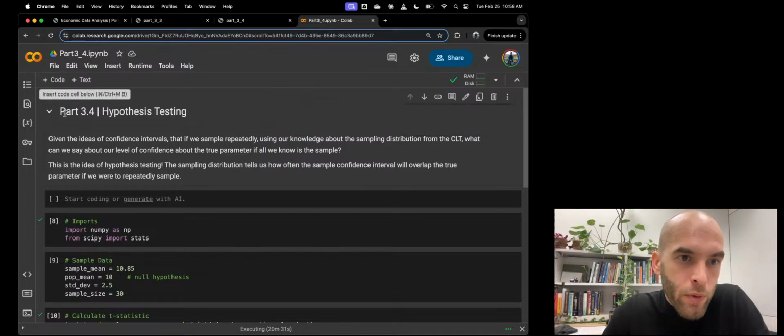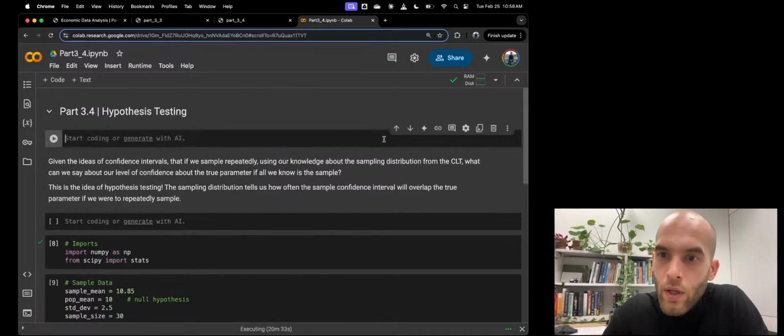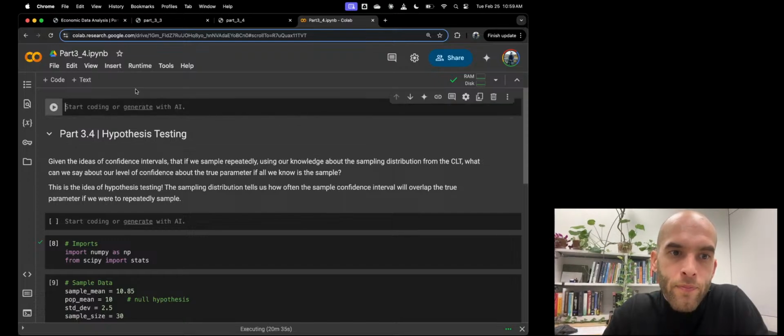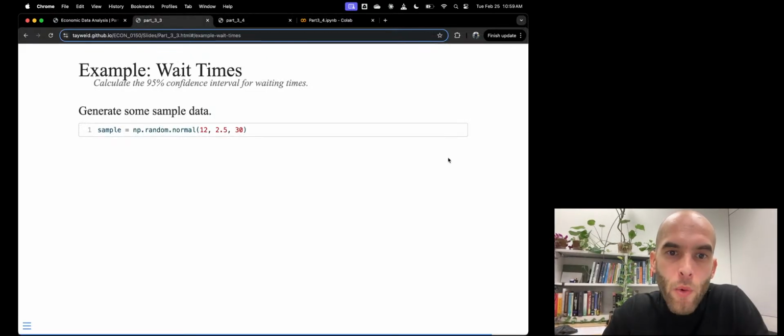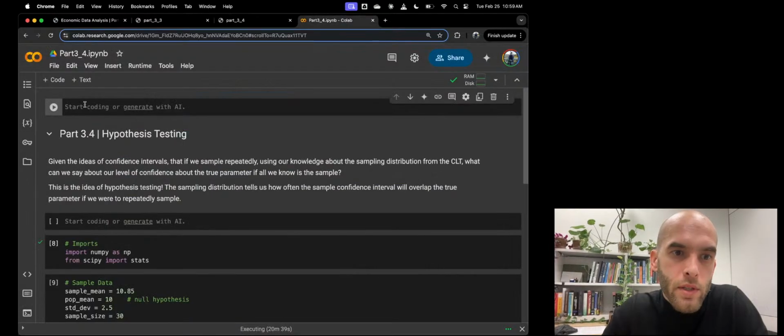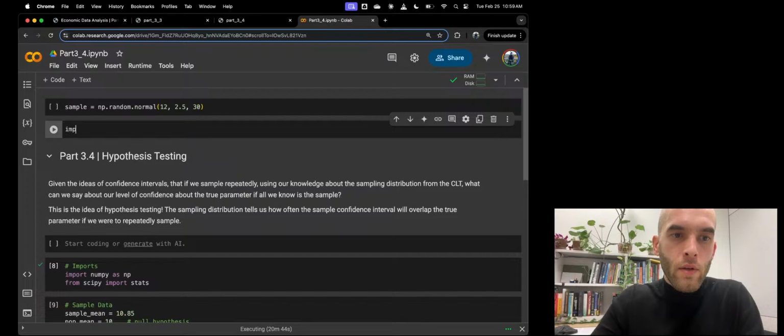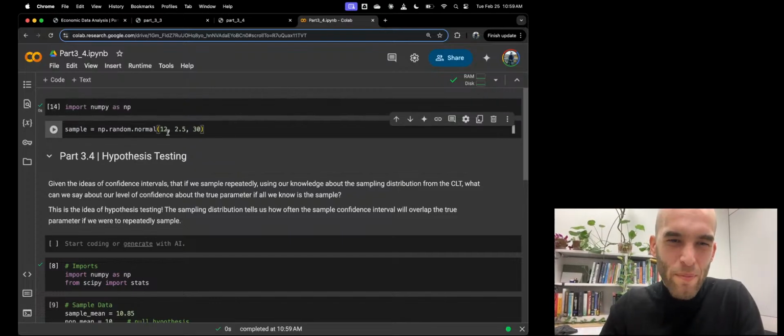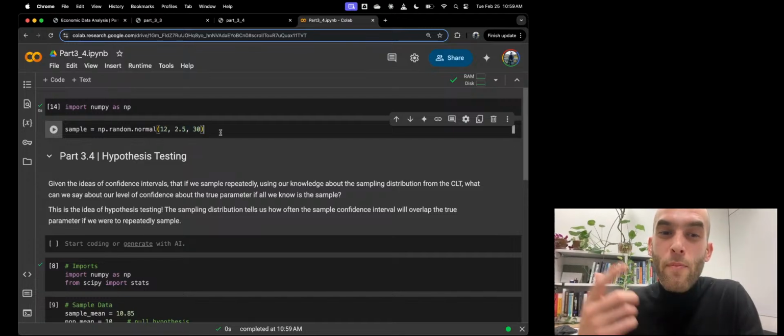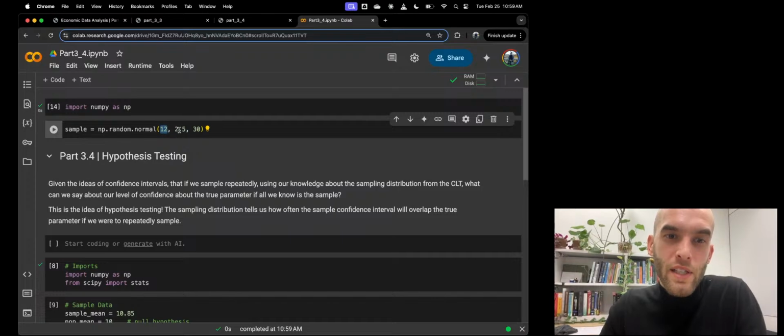All right, so before we do hypothesis testing, I'm actually just going to run this at the top. So let's construct a sample. We have to run our imports first. And this is the sample we've been using in our slides so far.